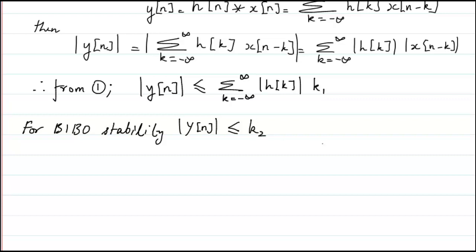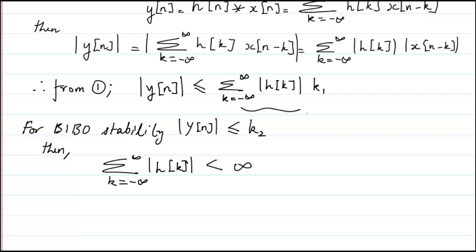In that case, the summation k equal to minus infinity to infinity of h of k should also have some value which is less than infinity, then only this particular multiplication will result in a finite value which will give you some k2 value.